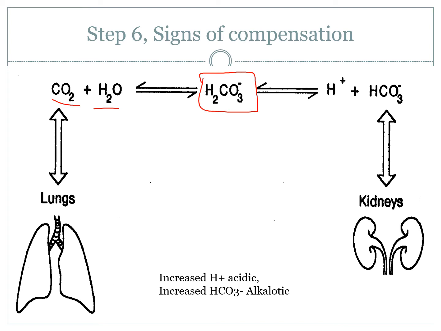Carbonic acid is broken down into hydrogen and bicarbonates. Without going into too much detail, the body will produce more hydrogen or bicarbonate by allowing the excretion of the other in order to compensate for the abundance or lack of CO2.